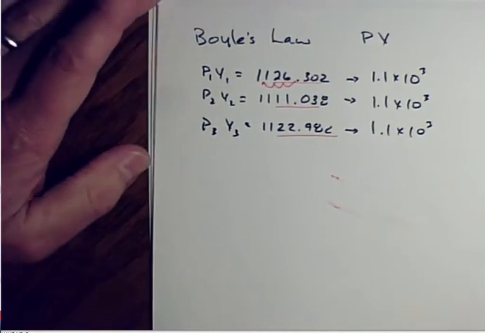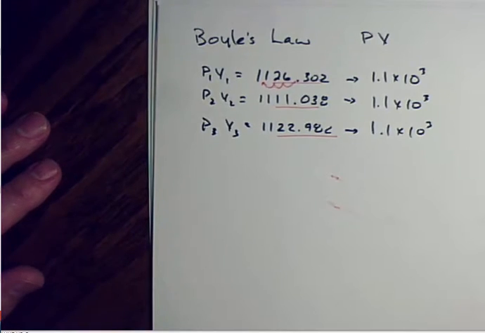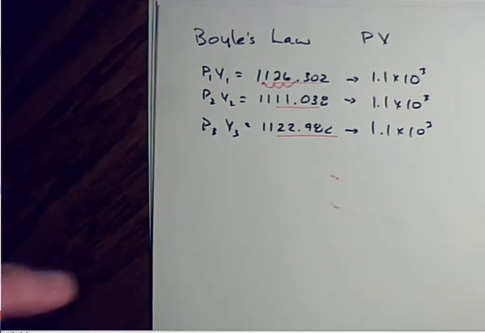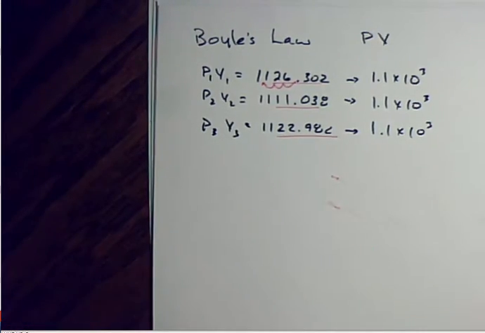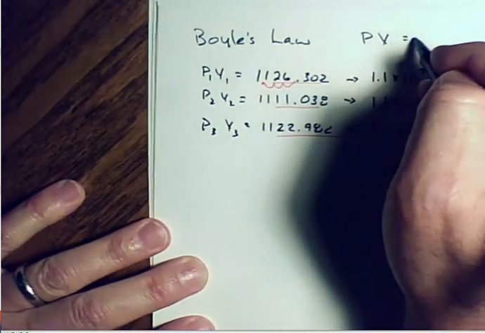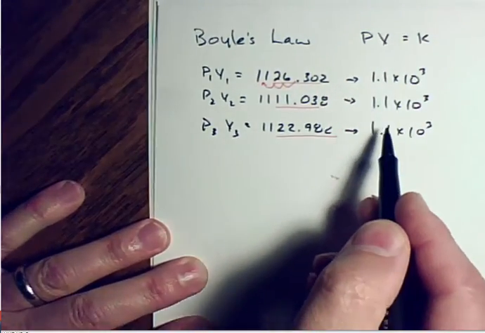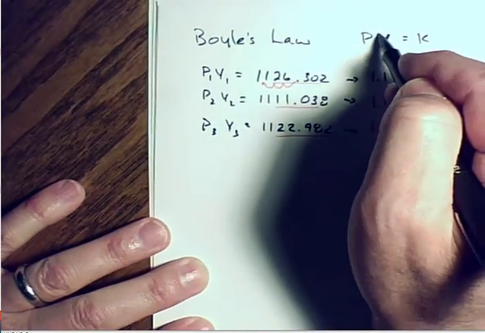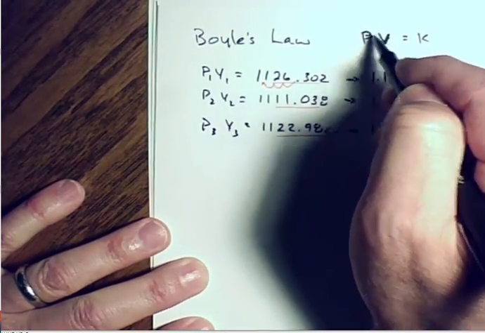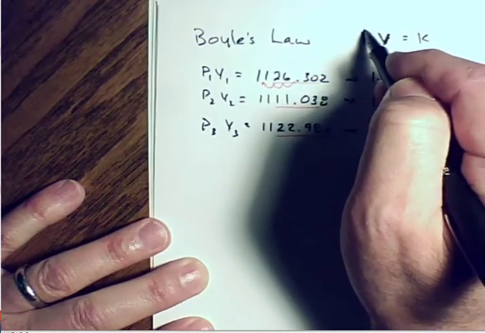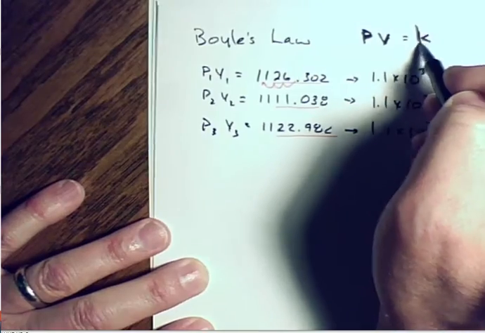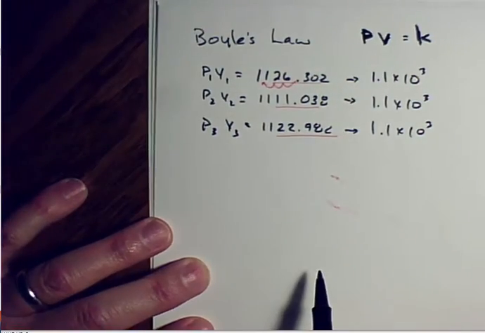Well, that's what Boyle found out. He found out that as long as you don't change the amount of gas and you don't change the temperature, pressure times volume always gives you the same answer, which means PV equals k. That's a small letter k, and that's a V. Now, listen.